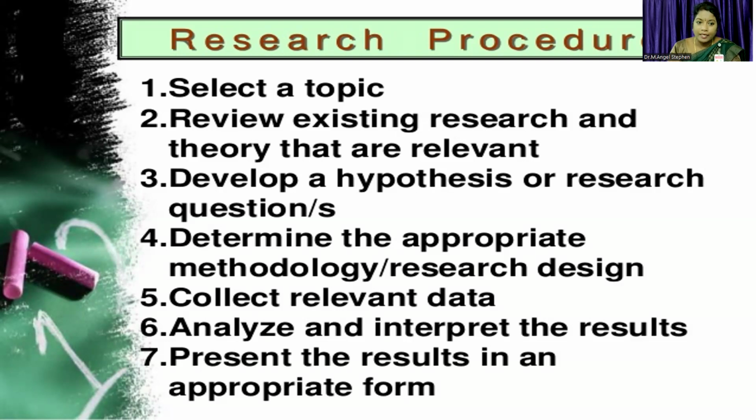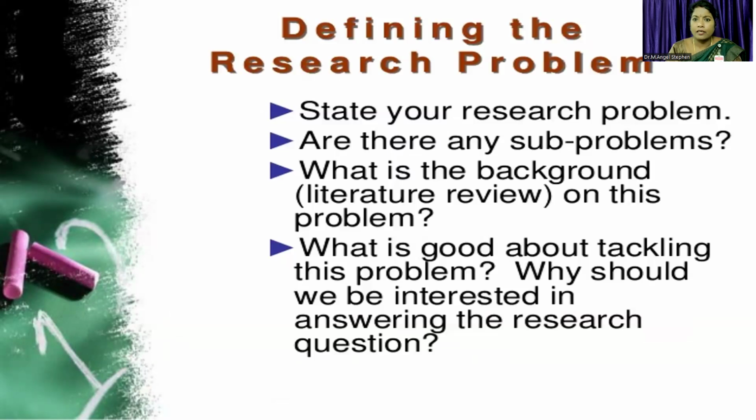This is the entire form of the research procedure, where we can achieve a good research outcome when you follow all these steps. So all these steps should be taken with meticulous care to develop each and everything and to give a good research.